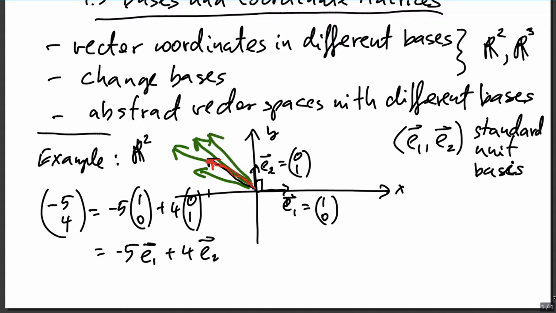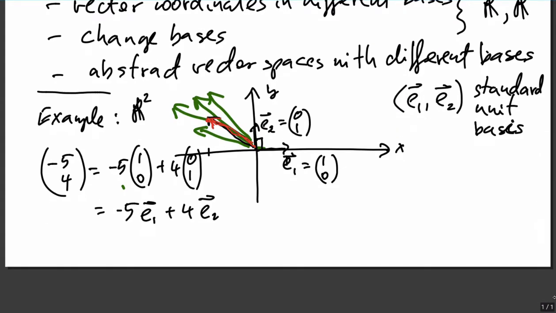So then it's kind of strange that you want to assemble this -5, 4 vector with the E1 vector that goes pretty much the opposite direction, and then you have to use the -5 multiplier to reverse this direction and also expand it. Before we learned that any two vectors that are not collinear form another basis.